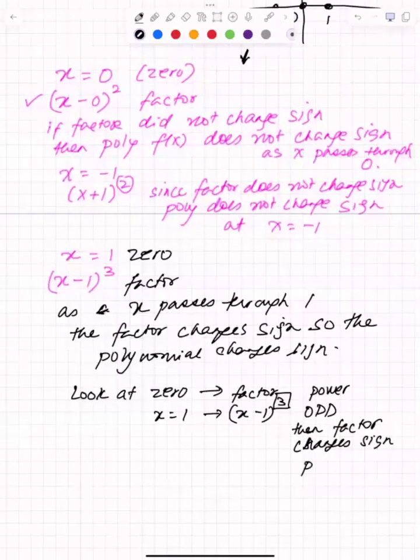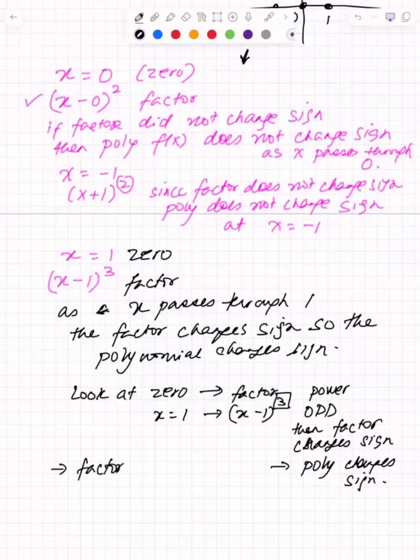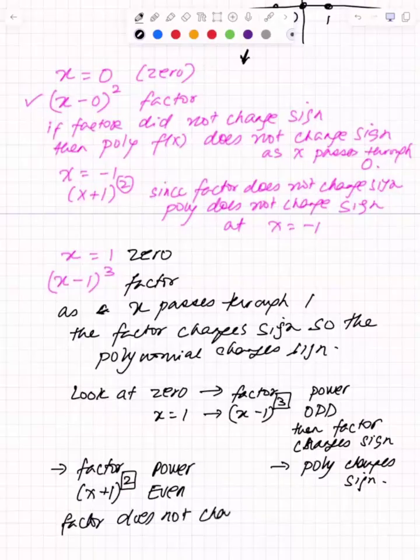That means the polynomial changes sign. If the factor was, say, x plus 1 squared, and the power of the factor is even, then the factor does not change sign. So that means the polynomial also does not change sign.